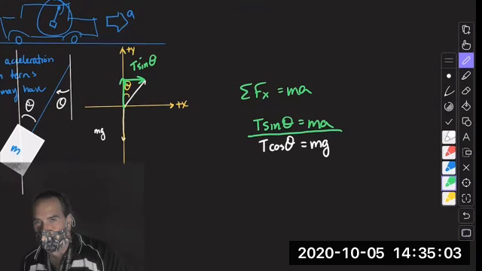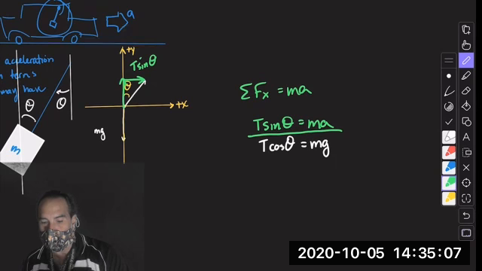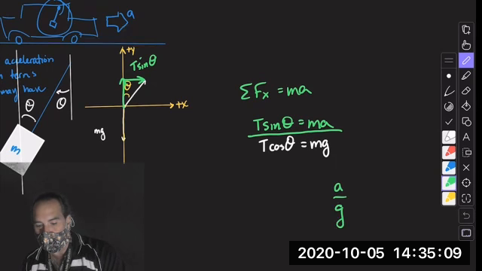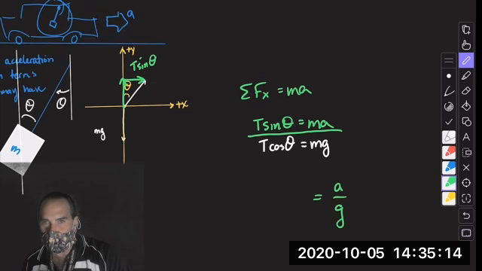T cosine theta is the same thing as mg. So on the right side of the equation, I'm going to divide ma by mg and just get a over g. And on the left side of the equation, I'm going to divide T sine theta by T cosine theta and get tangent theta. So the acceleration is g tan theta.